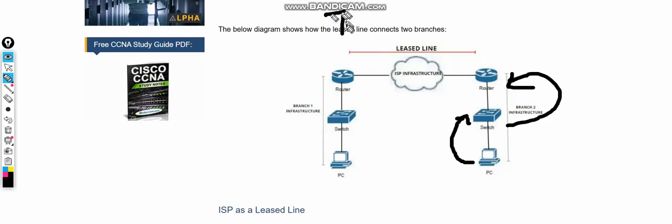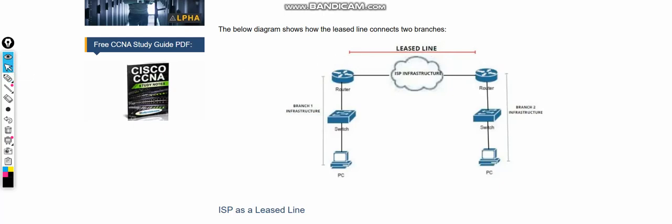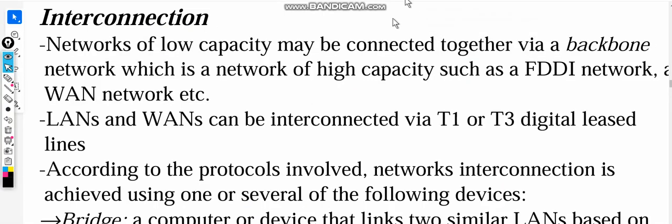Leased line may be T1 or T3, a variation in the speed. So PC is connected to the switch, switch is connected to the router, and router is connected to the ISP infrastructure via digital leased line.